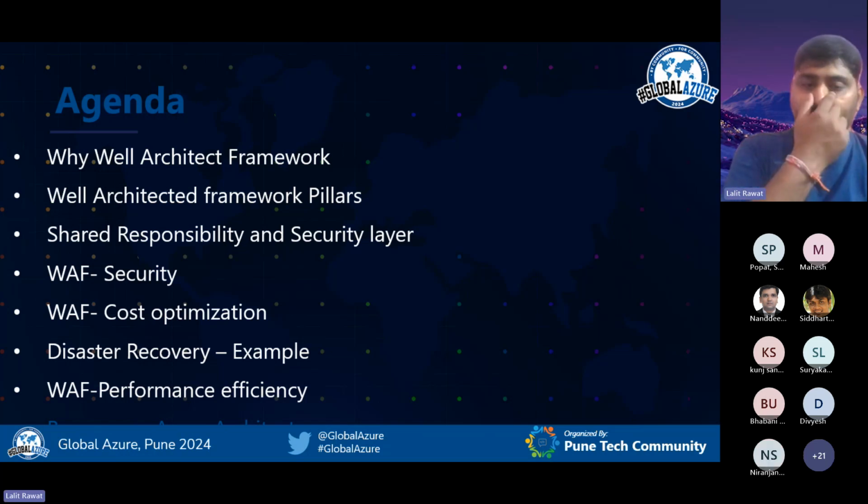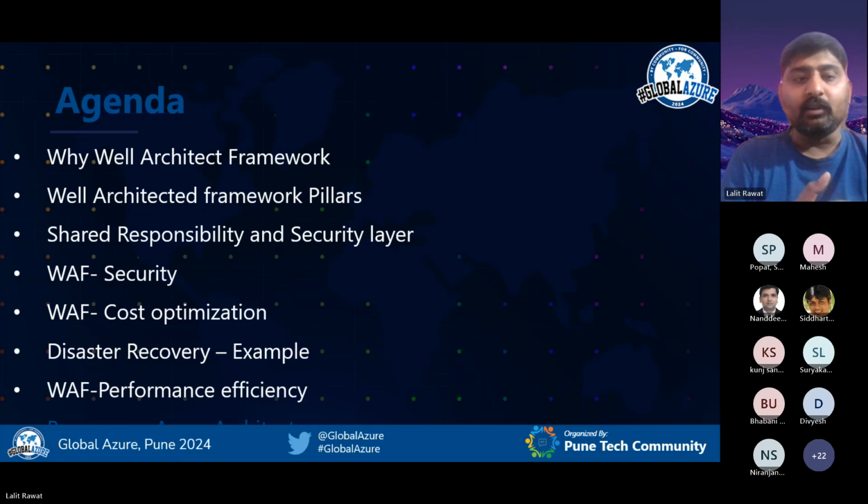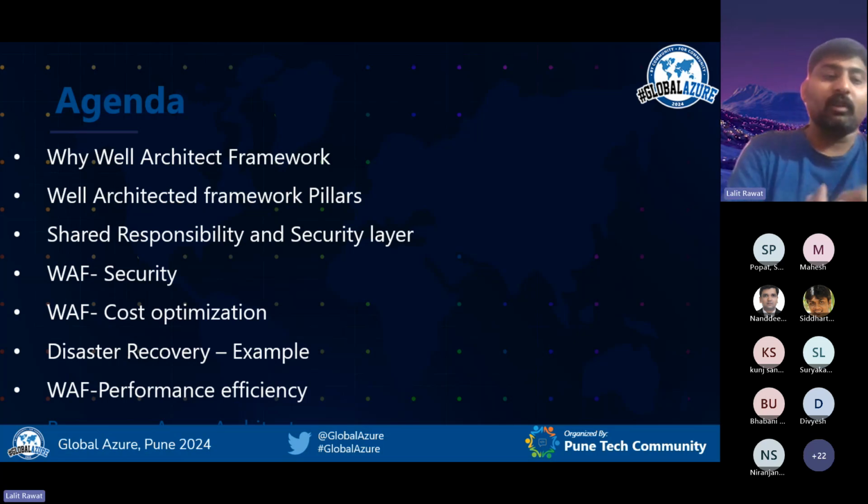The client is the one using the services and Microsoft is the one providing those services, so there will be some services which will be limited, and we'll understand what those are. Then we'll talk about Well Architected Framework security, cost optimization, I can show you the disaster recovery of one design architecture, and we'll be working on performance efficiency.